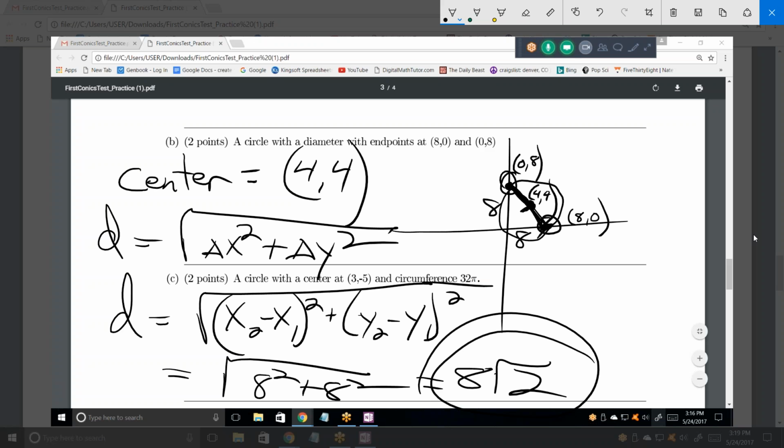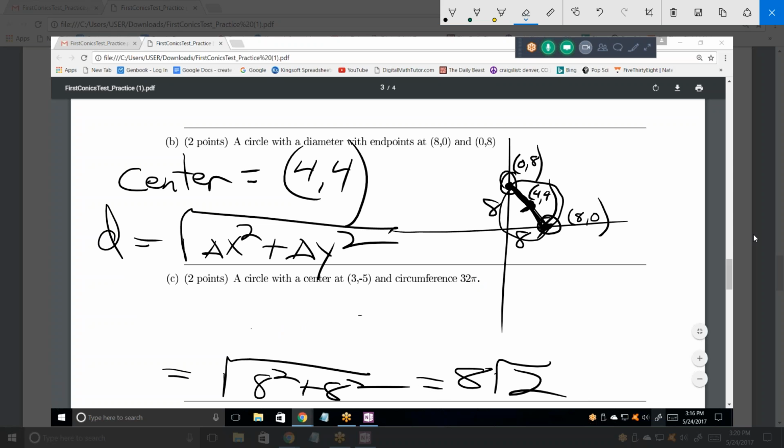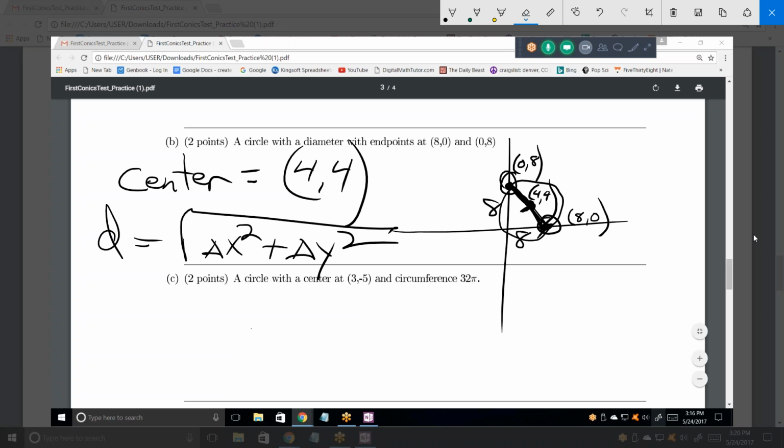Now, I may have confused you a little bit. Let's go back. First of all, let's talk about what the distance formula means. The distance between 2 points, the only time it's ever difficult is if they're not on either a vertical or a horizontal line.